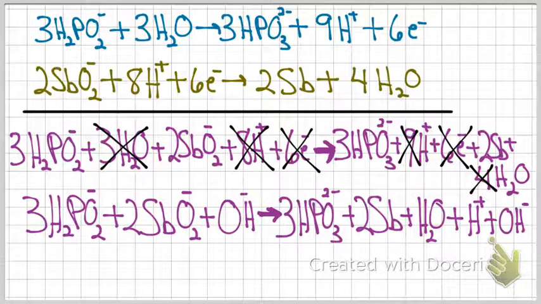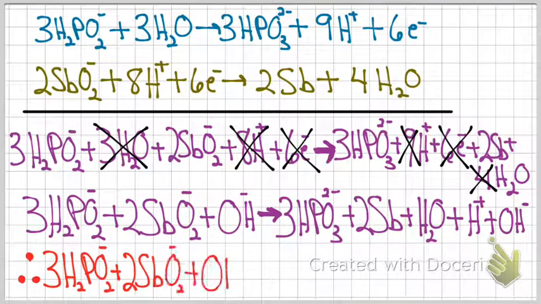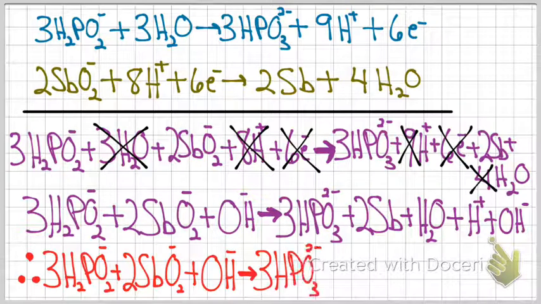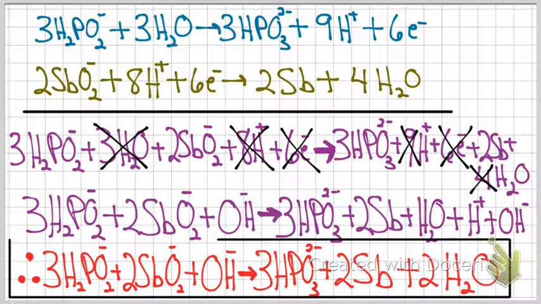And whatever I do to the right side, I have to do to the left side. So you can see there's a hydroxide appearing on the left side of my equation also. So now when we consolidate things, we know that when hydrogen ions and hydroxides encounter each other, they'll form a water molecule. So consolidating things, on the left side, everything is as already written, but on the right side, when I consolidate the hydrogens and the hydroxides, I ended up with a total of 2 water molecules on the right side.